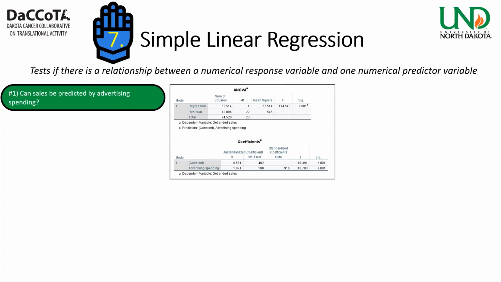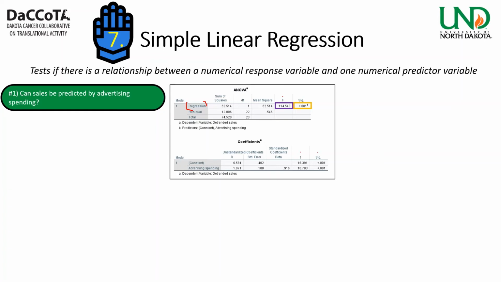But the main points we're looking for here are our F value and significance value for the overall regression model. We see that this is significant, so there's a significant relationship. To tease out what that is, the coefficients down here give the beta value, and then our t value and significance.